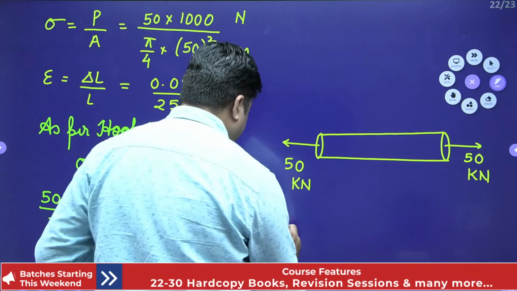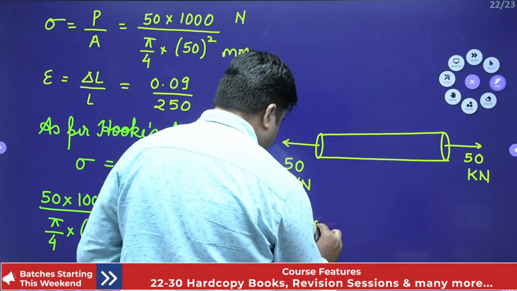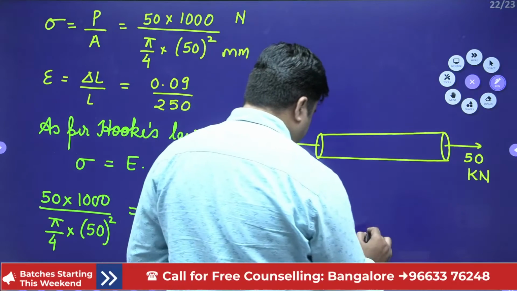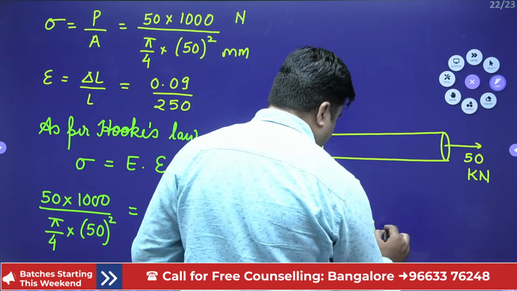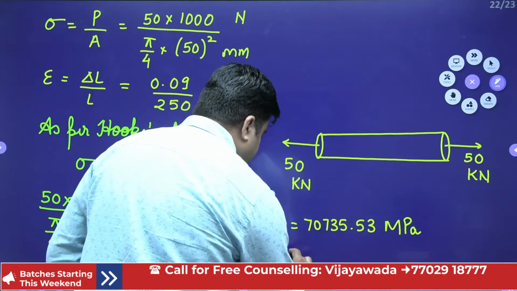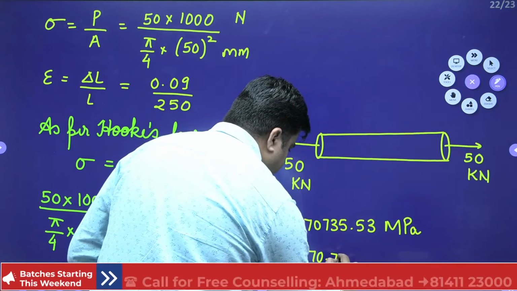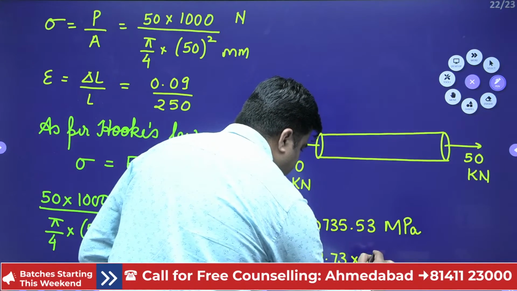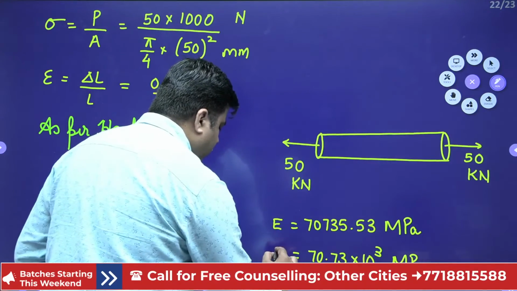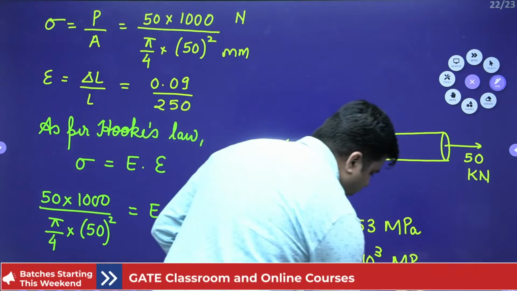So E comes out to be 70735.53 megapascal, or you can write 70.73 into 10 raised to power 3 megapascal. So this is the value of Young's modulus that we have got, right?